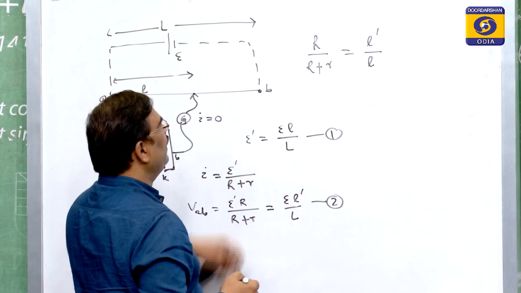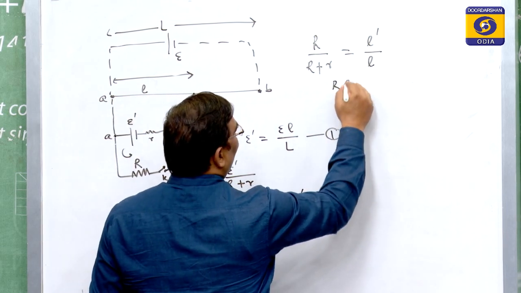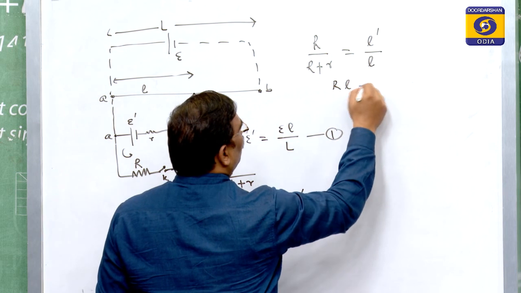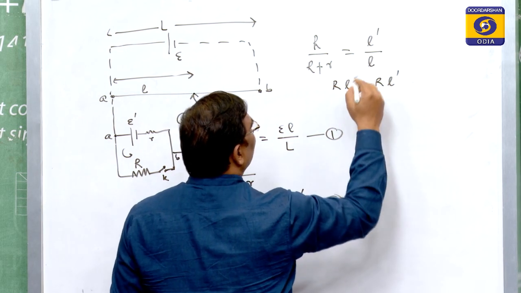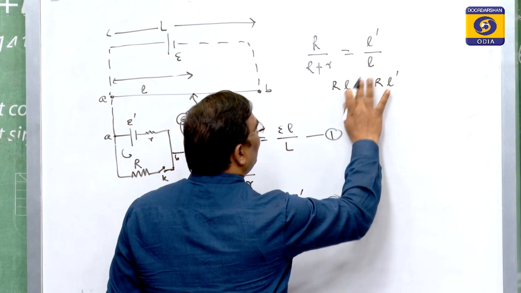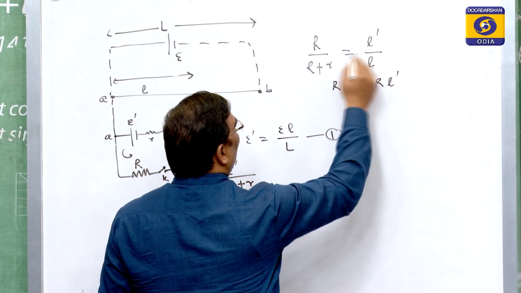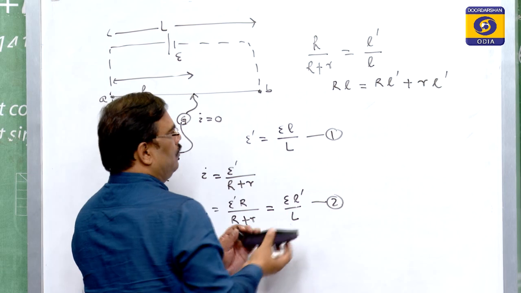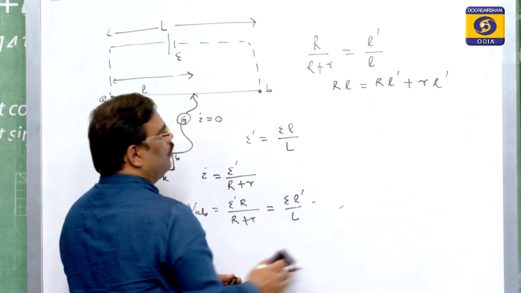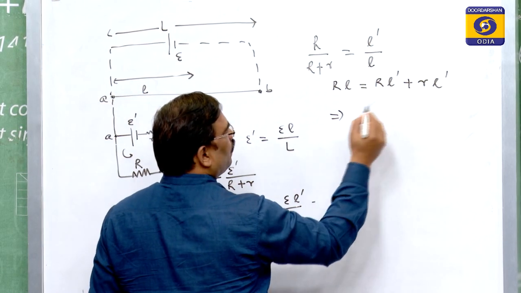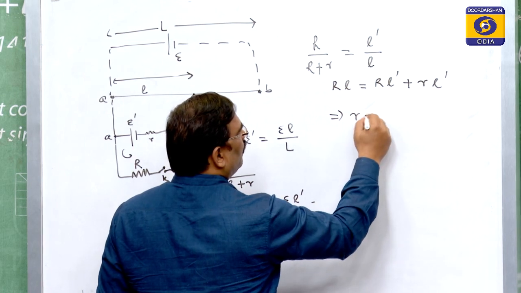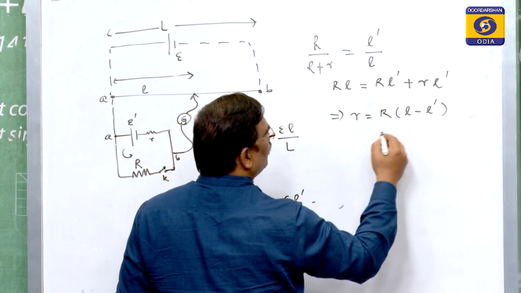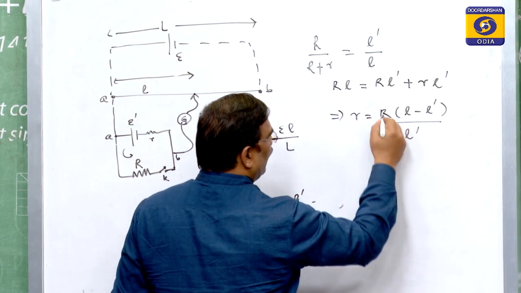So, R L equals R L dash plus small r L dash. Now, this implies r equals R into L minus L dash divided by L dash.